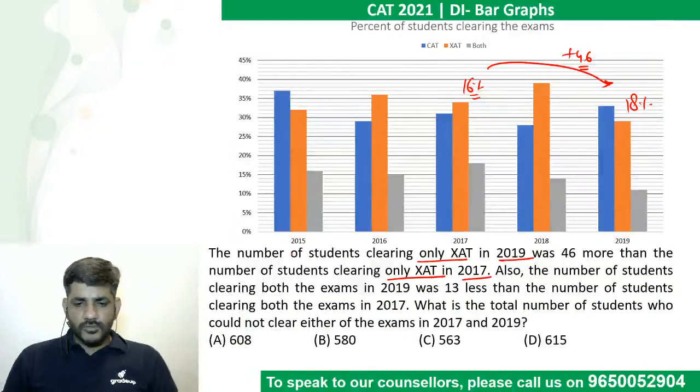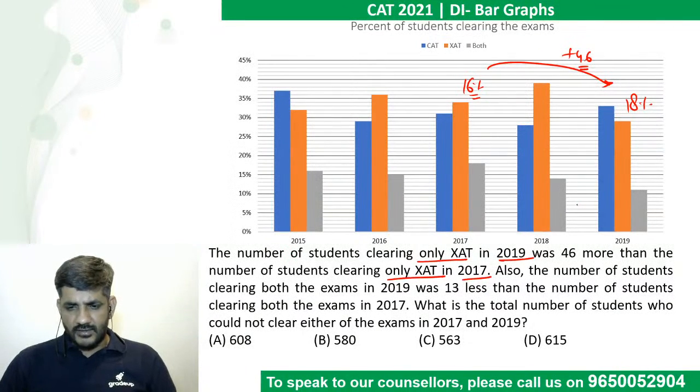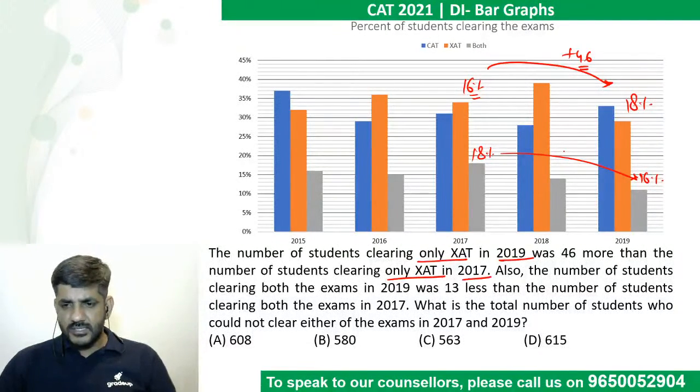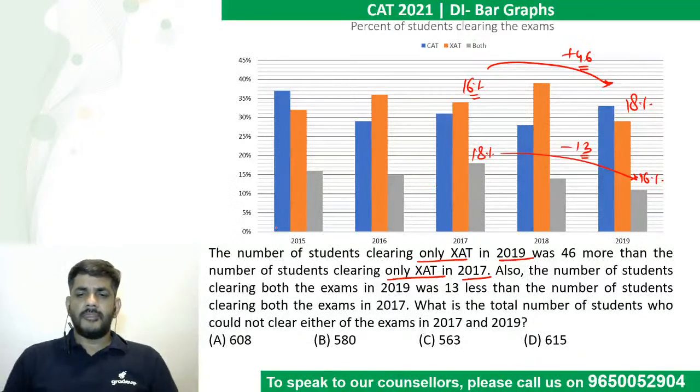Also, the number of students clearing both the exams in 19 was 13 less than the number of students clearing both the exams in 17. So this figure, it is obviously how much percentage? 18%. And this figure, which is 16%, how much less is it than this? This is 13 less, right?